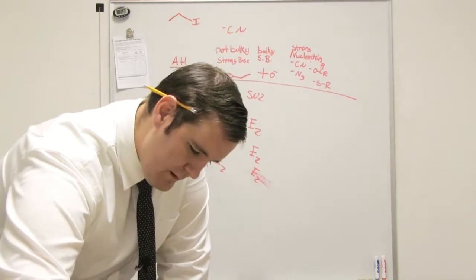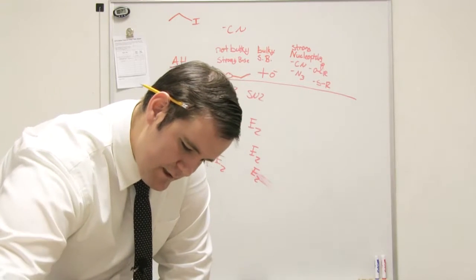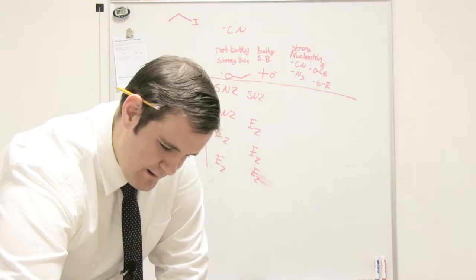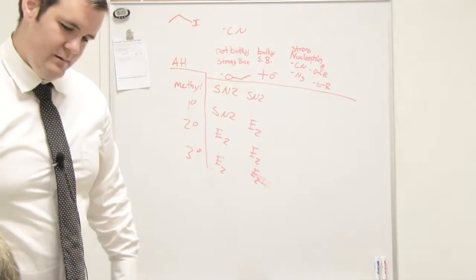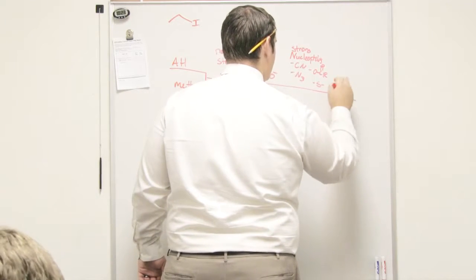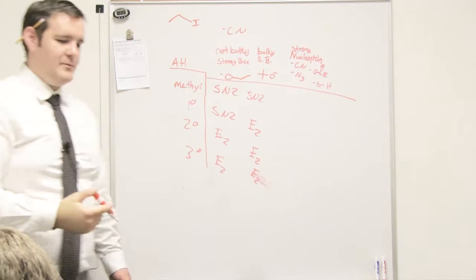It has a table, doesn't it? Yeah, all these in red. I guess it's just SH minus. So any of those from chapter 8.